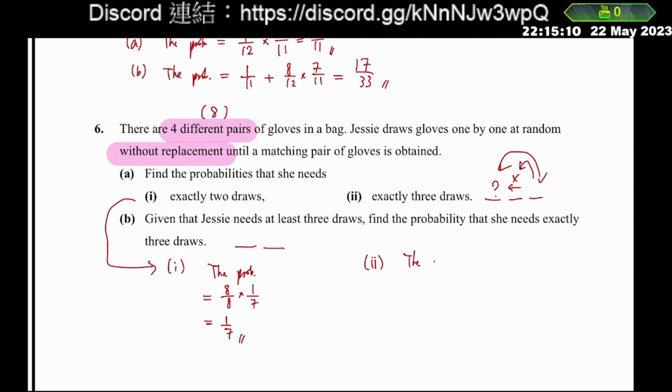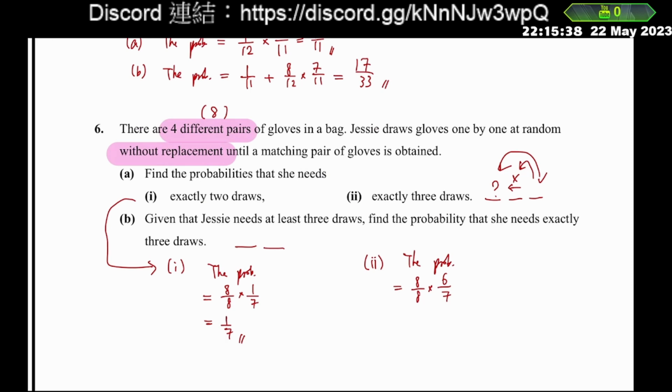So the probability will be: the first one can be anything, while the second one does not match with the first. Therefore, the denominator is 7, we write it first. But it does not match with the first, therefore we cannot choose the one from the first pair. Therefore only 6, because there is exactly 1 that matches with the first one, but now we don't want that match.